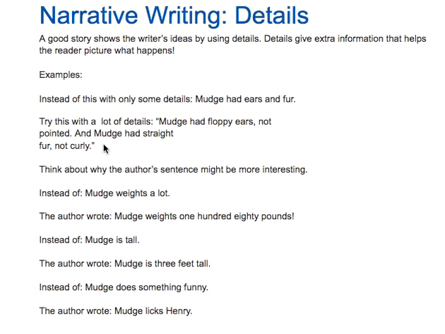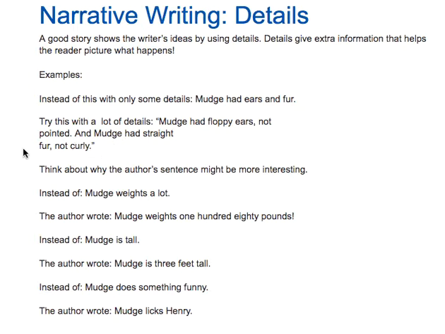The author, Cynthia Rylant, made sure that when she was describing Mudge for the readers, she was adding in lots of details, because this way the reader can really picture in their heads a whole lot better what Mudge looked like. Not just ears, but floppy ears, not pointed, and Mudge didn't just have fur, but Mudge had straight fur, not curly.